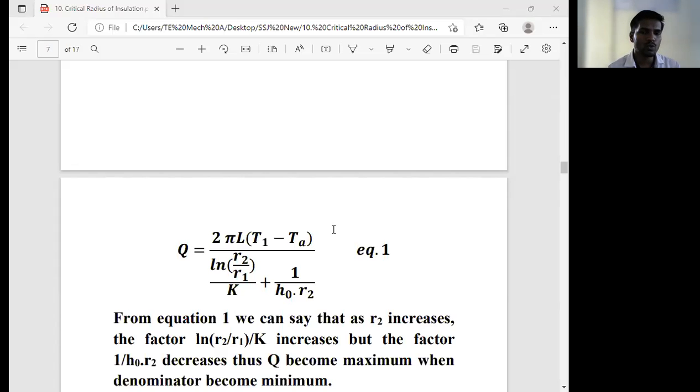So our aim is to maintain the maximum rate of heat transfer, so that we have to maintain the minimum denominator value.